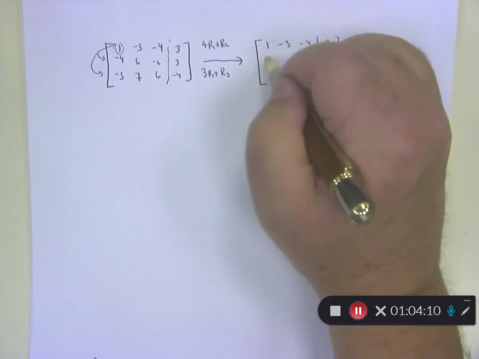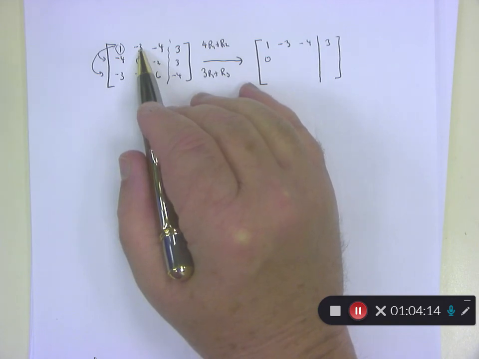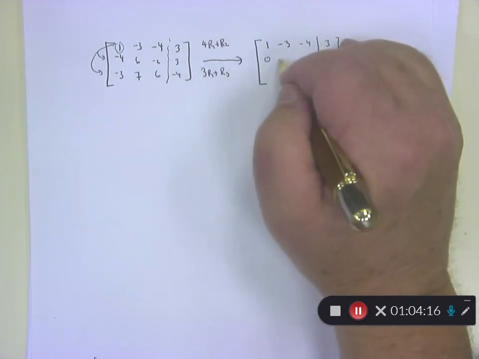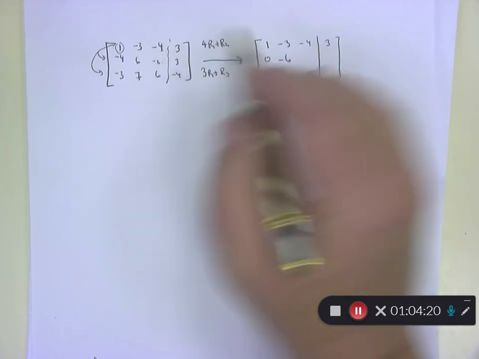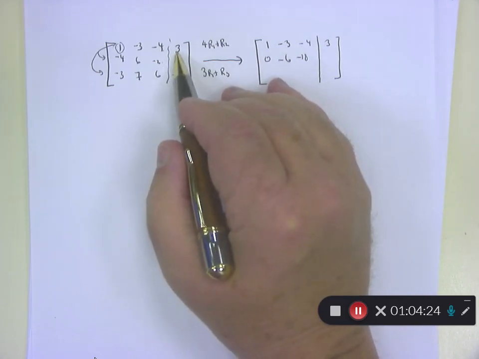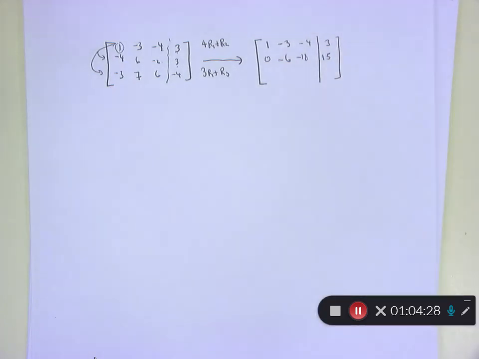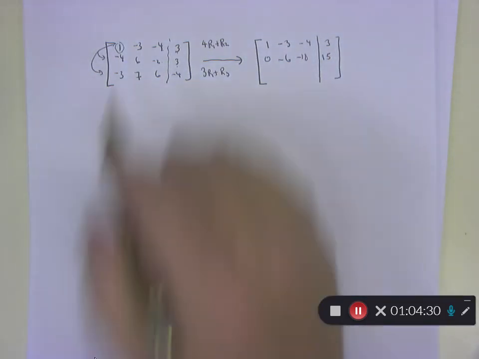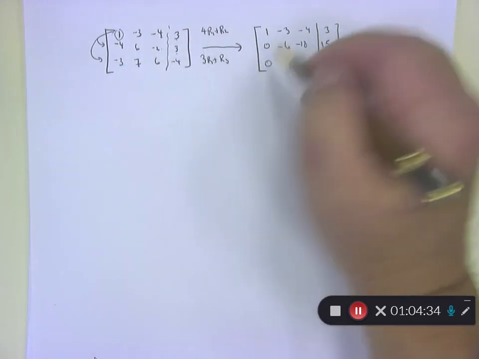Second row is going to be 0. 4 times 3 is negative 12, plus 6 is negative 6. 4 times negative 4 is negative 16, minus 2 is a negative 18. 4 times 3 is 12, and 12 plus 3 is 15. That's my second row. And now positive 3 times 1 plus negative 3 is back to 0.